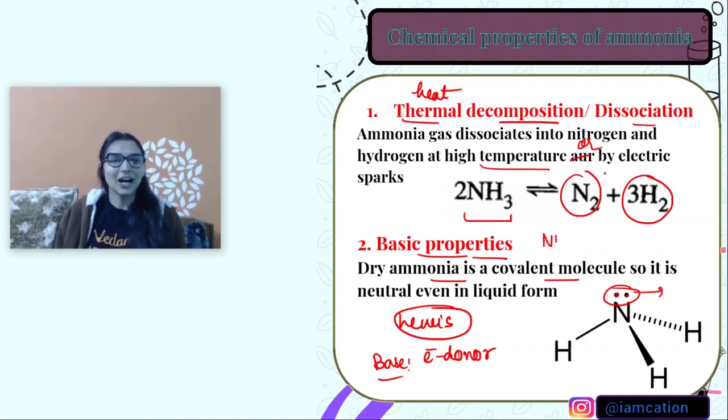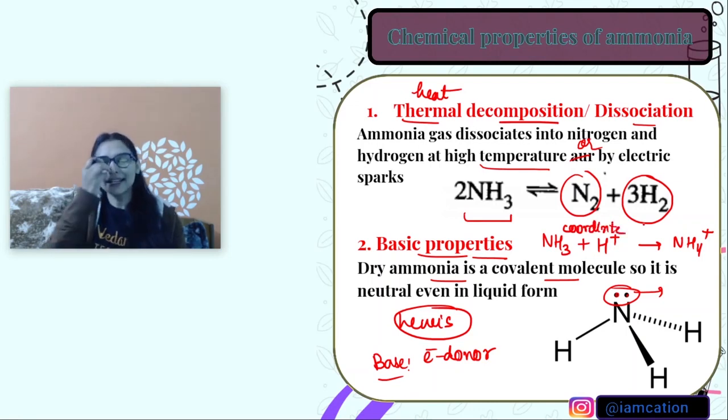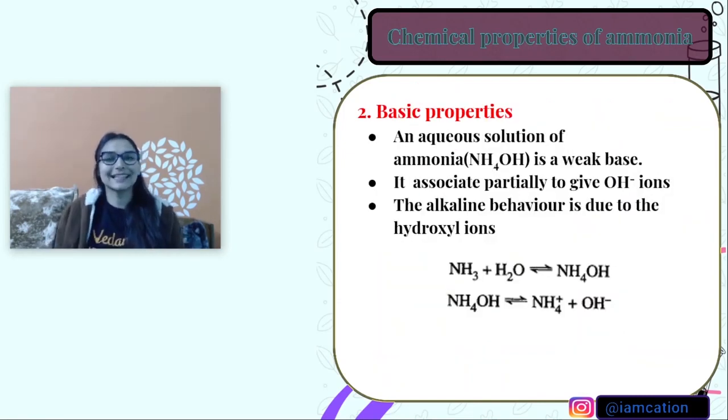Remember, ammonia combines with a proton to give you the ammonium ion. There is a coordinate bond that is formed here. How is that coordinate bond being formed? Because ammonia donates its lone pair of electrons to the H plus ion and makes the ammonium ion. So it has basic properties.